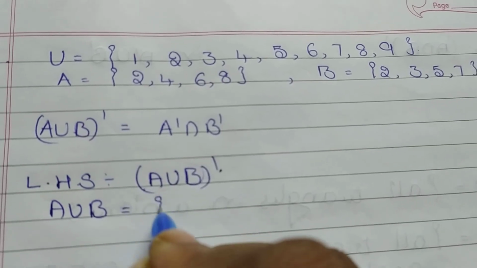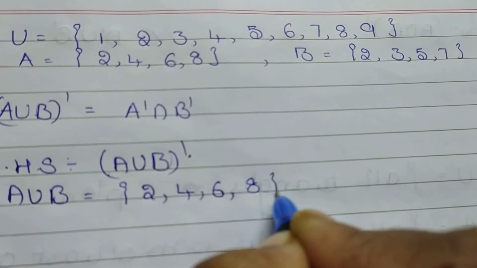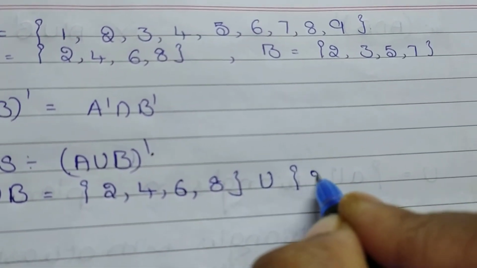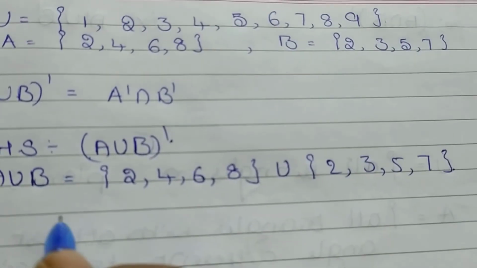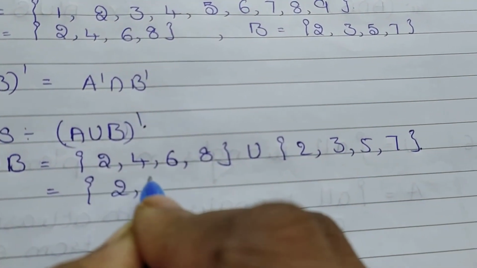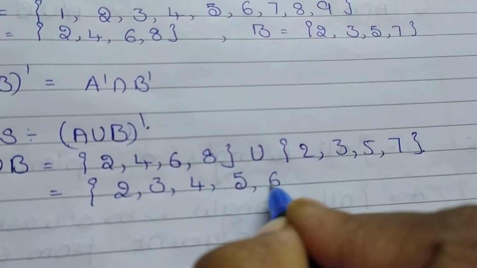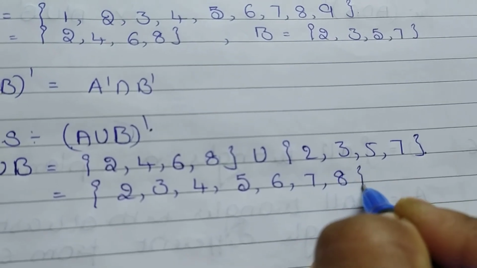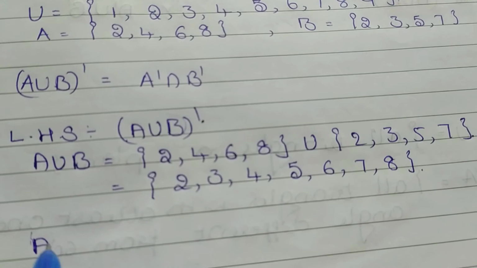A union B is nothing but 2, 4, 6, 8 union 2, 3, 5, 7. From this, union means all the elements, but if they are repeating, there is no need to write them twice. So you are going to get A union B as 2, 3, 4, 5, 6, 7, 8. Now we should calculate what A union B whole complement is.